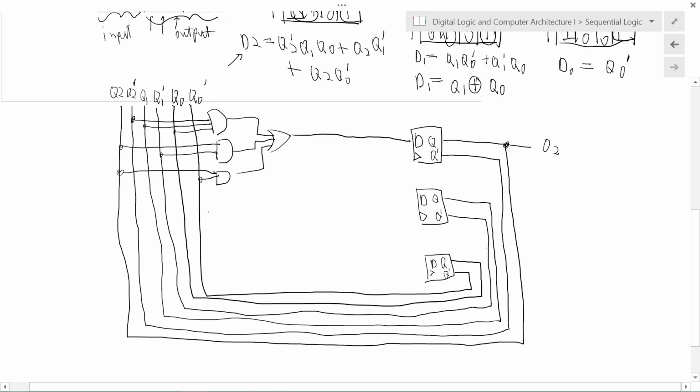Next we have D1. It is simply an XOR gate, Q1 XOR Q0. And then we have D0, which is equal to Q0 prime.